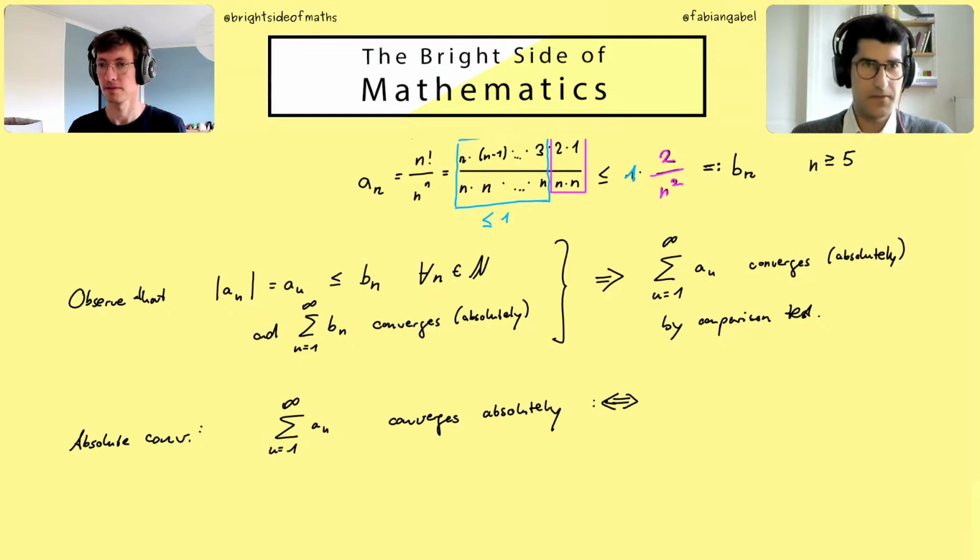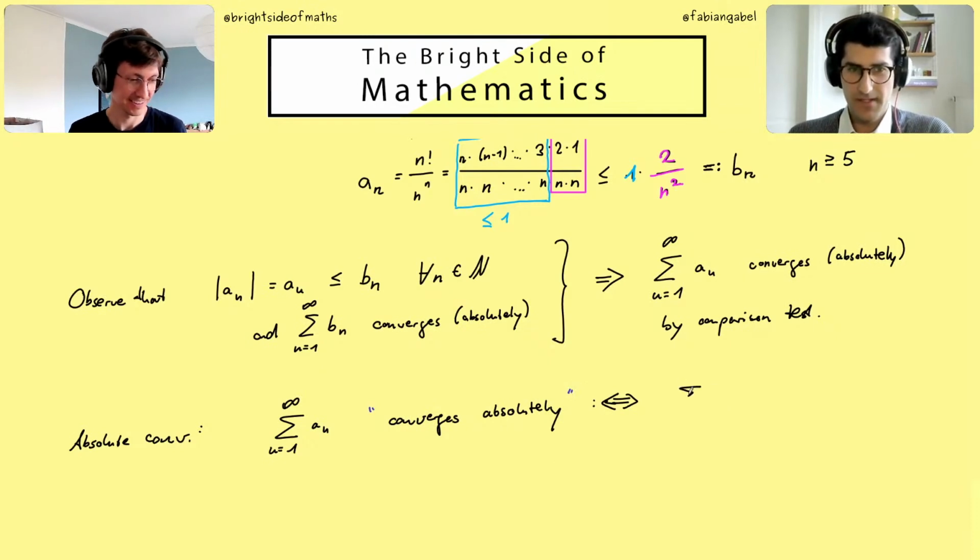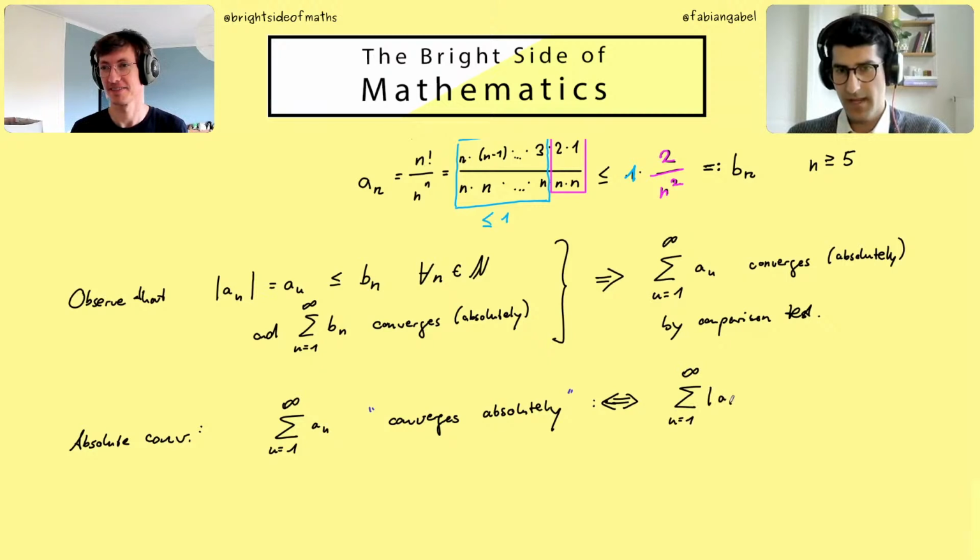So this term is going to be defined if another series, which looks very similar, but has an absolute value around each sequence member, converges.